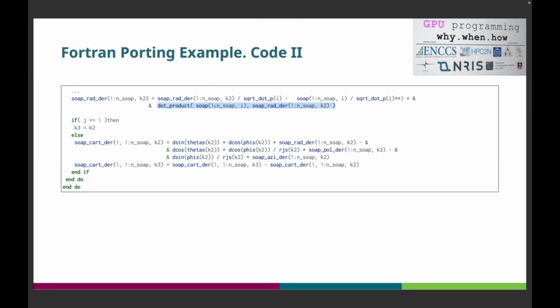For each particle K2, we need to compute this dot product. And after that, once the dot product is known, the rest of this calculation is very simple. It's more or less the same operation for each element of this matrix.